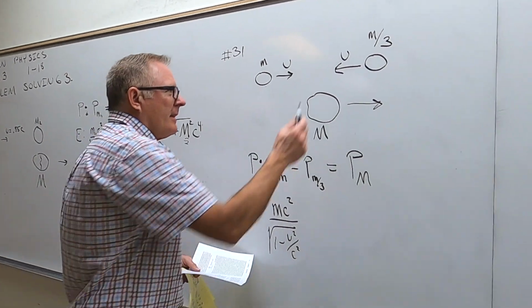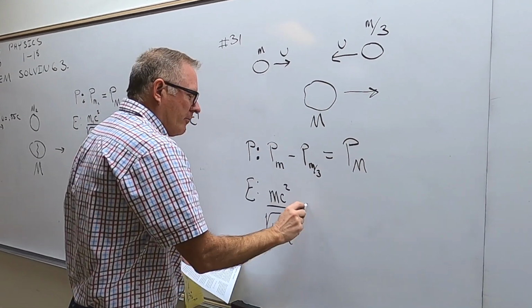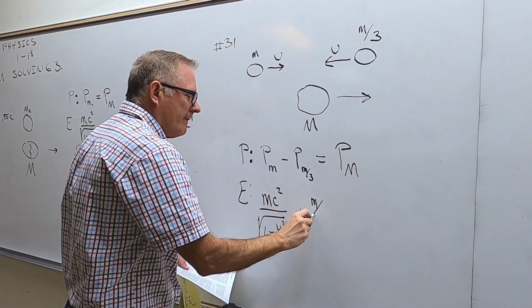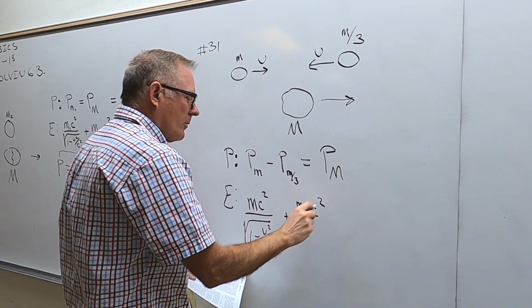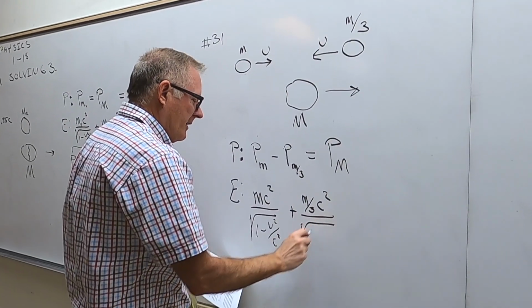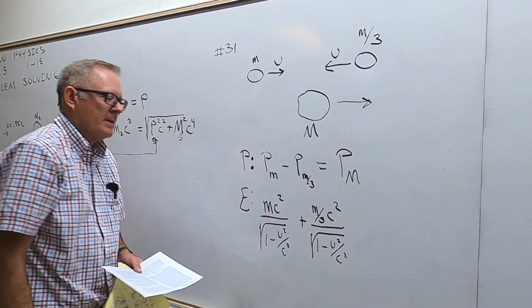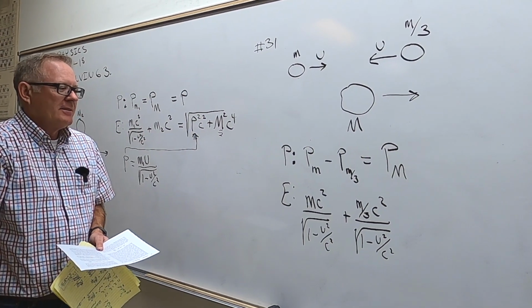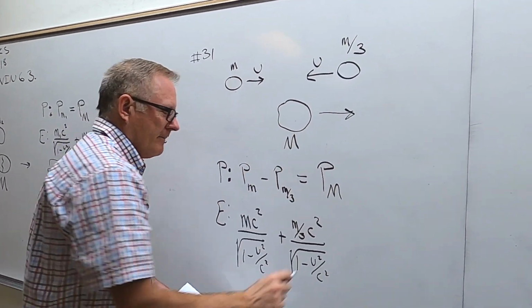And then this one, you don't subtract the energy. These energies are scalar. You add it, plus m over 3 c squared all over the square root of 1 minus u squared over c squared, since it's going the same speed. So there's the energy of that one, and that equals the energy of this one right here.